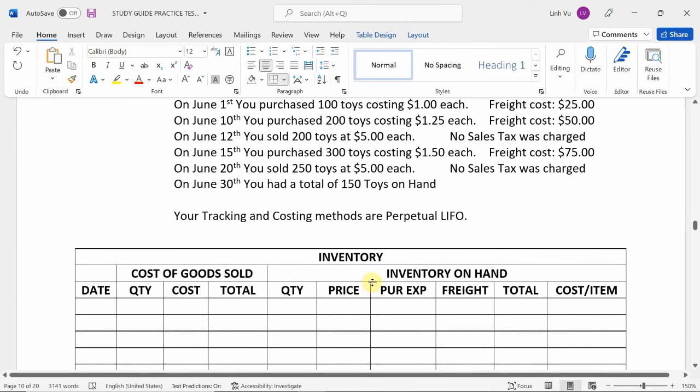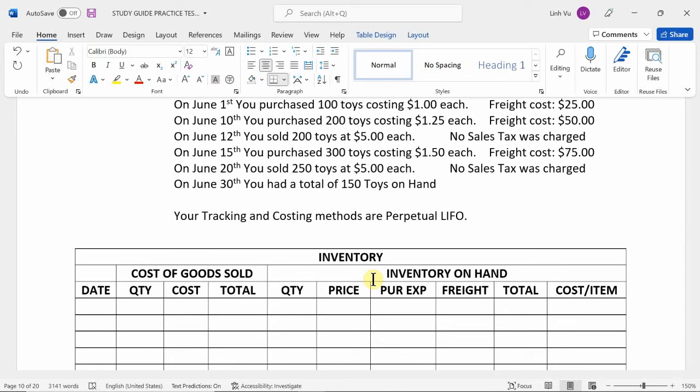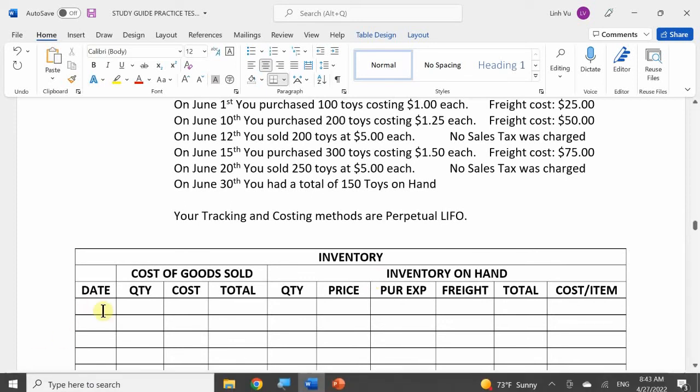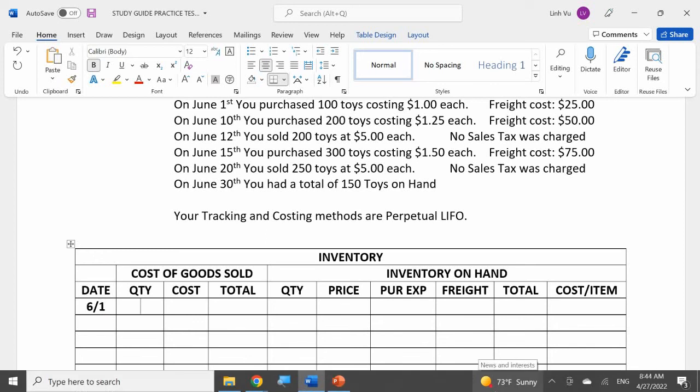On June 1st, we purchased 100 toys at $1 each, and the freight cost you $25. So June 1st, we're going to skip over the cost of goods sold. We purchased 100 toys at $1 each with a freight of $25.